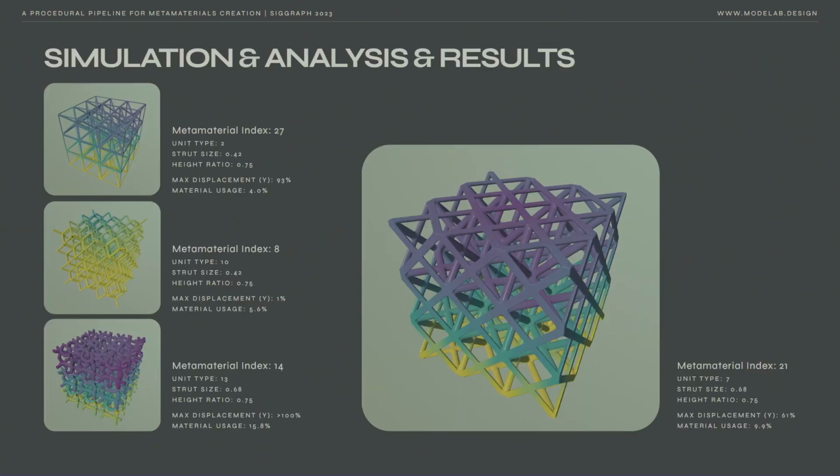Here we can see the results of those four prioritized metamaterials after analysis, running through the workflow that was previously described. What's really fascinating here, and really supports the need for this type of study, is that the results are often not what we'd expect intuitively.